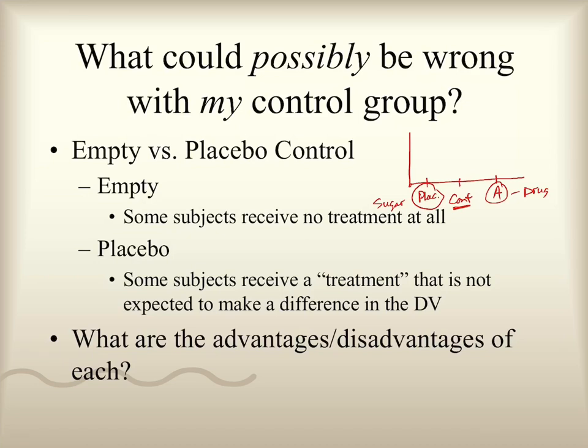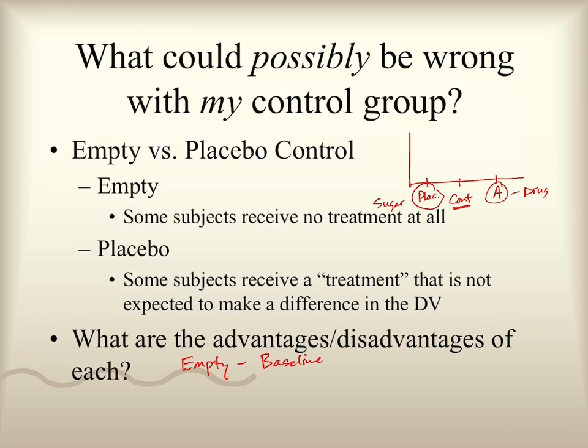Well, with an empty control group, there's a few things you can know. One, you can know what the baseline level is. In other words, with people going about their business just as they are right now, what is their level of, in our experiment, happiness likely to be?